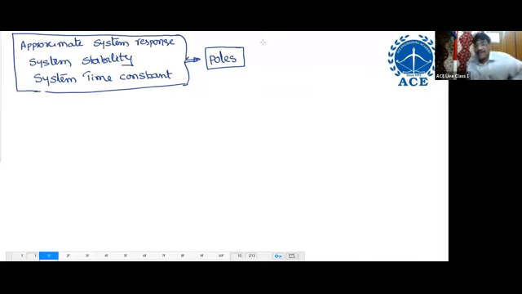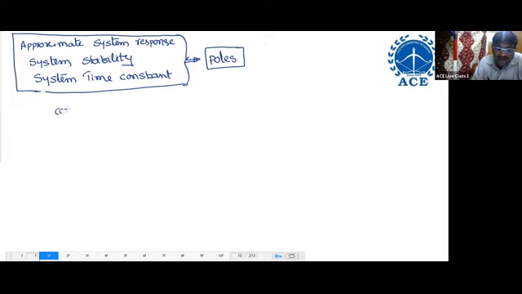I'll reduce the fan speed. Right. Why do we consider only poles? Why not zeros? Listen. I'll take one simple example so that you can understand.